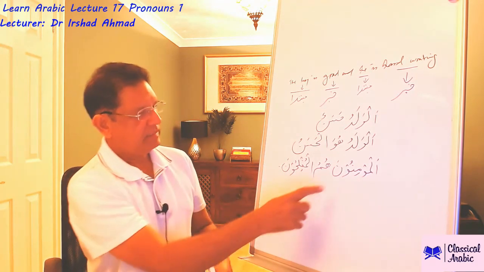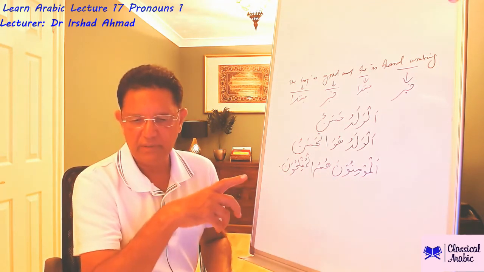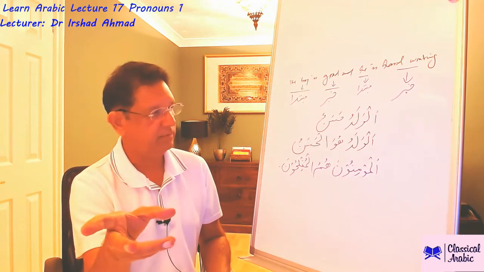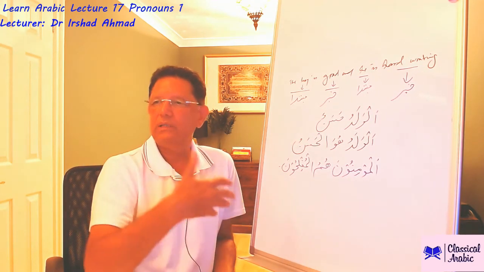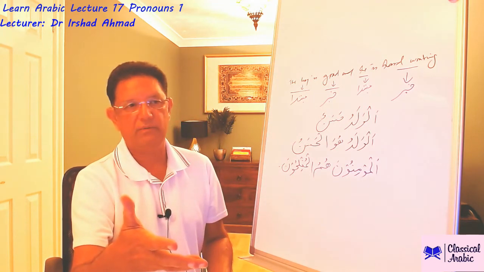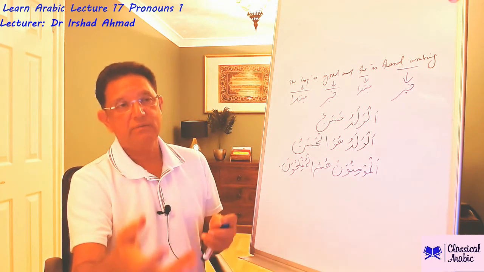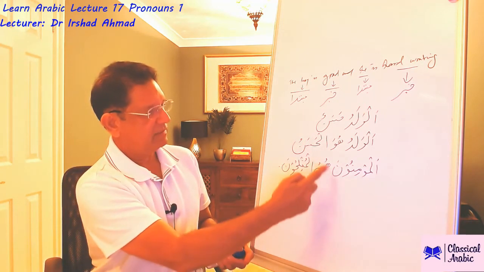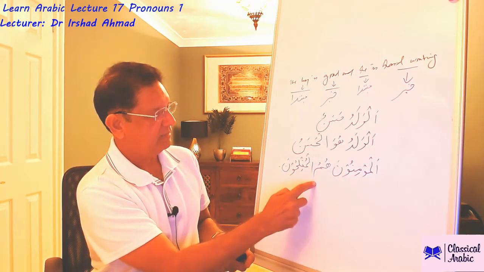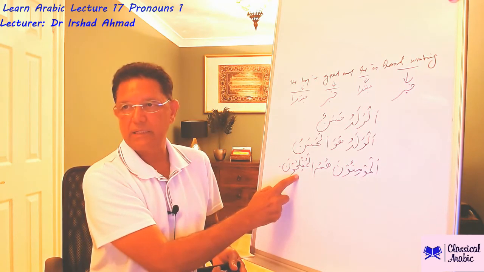We can translate this as the believers are going to be successful, but a better translation will be that only the believers are going to be successful, or it is the believers who are going to be successful. So that kind of translation comes from bringing this in between and bringing the khabar as definite.